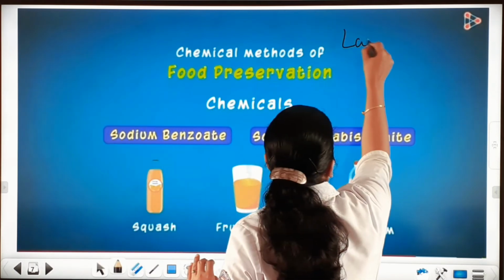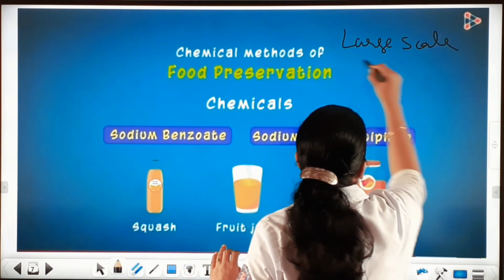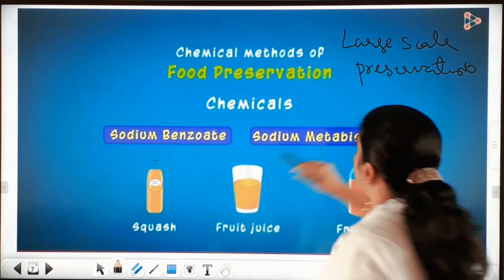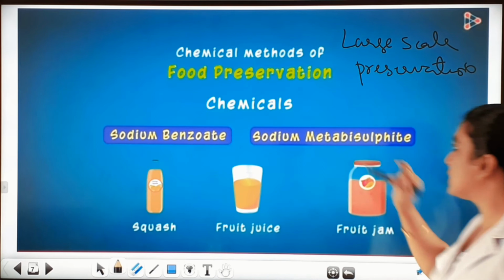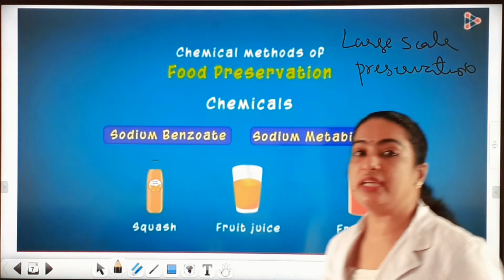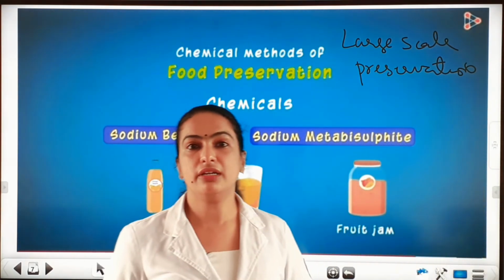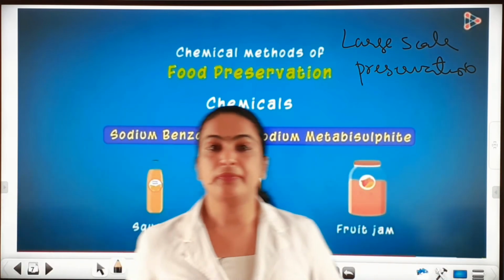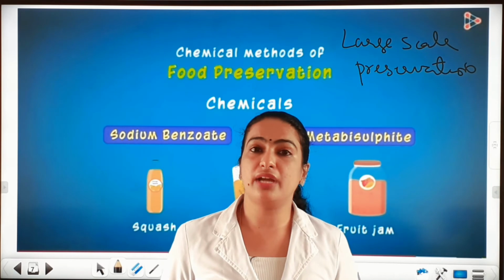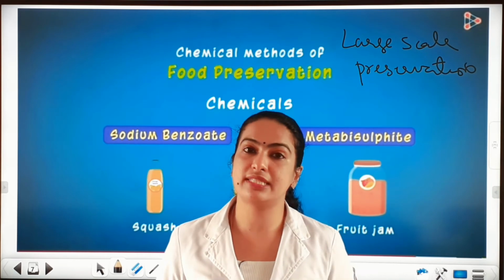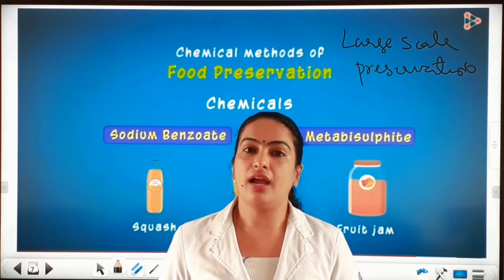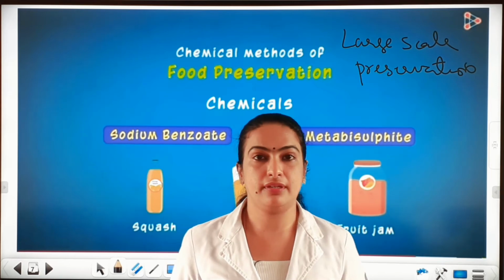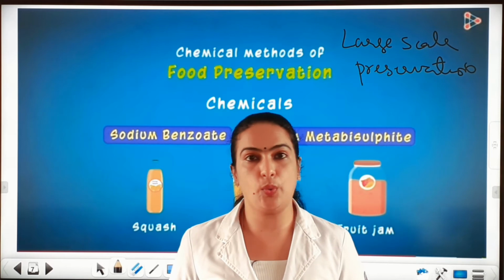So large scale preservation, we are using the sodium benzoate and sodium metabisulfate. We are buying pickles and other items from the shop, and they are using this type of chemicals. When we are keeping the pickles or any other food items at home, it is only a small scale preservation. Salt, sugar, vinegar, etc. are enough to keep that food item at home.